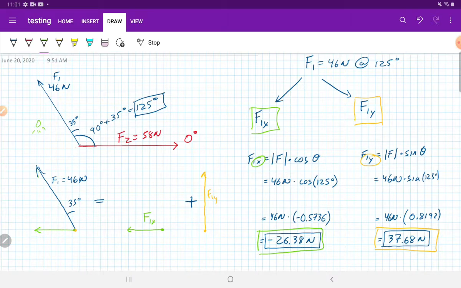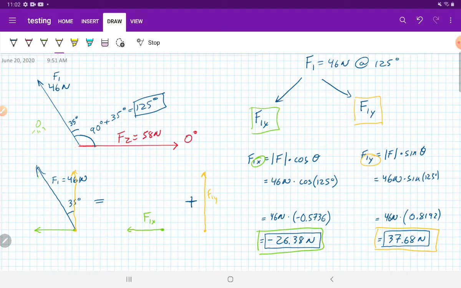That makes sense. Likewise, the y component is 37 newtons. It's positive. Yeah, my force is going in a positive direction, right? It's going up that way. And it is 37, which is closer to 46 than my x. Well, that makes sense because my angle, 35 degrees, is shallower towards the north.